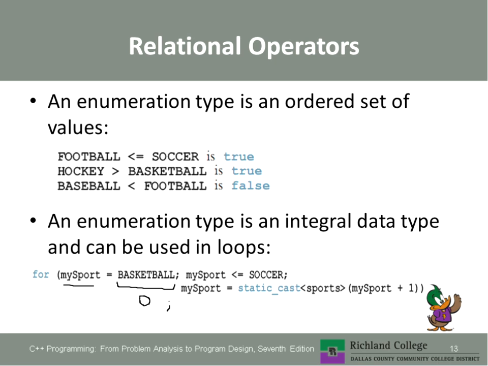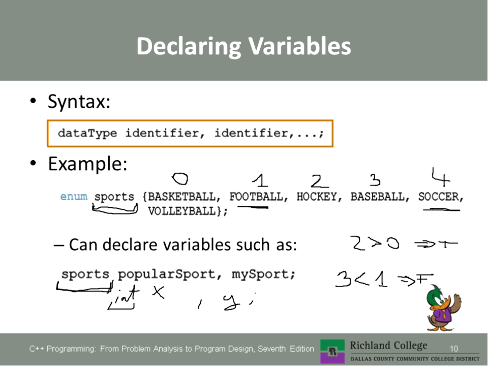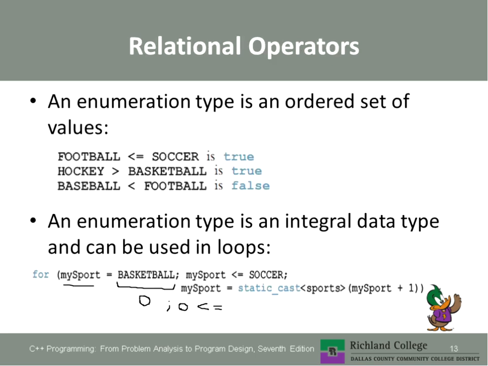It's really like if you would say int x equals 0. So then you're comparing what? You're comparing 0 in this case, less than or equal to soccer. Now, what is soccer? Soccer is 4. So you're comparing that to 4.